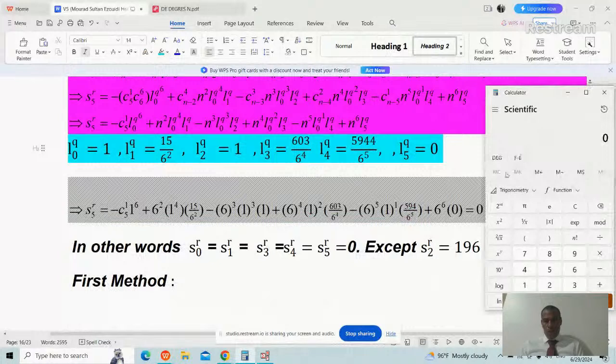Okay, so we told that this is negative 5 plus 15 minus 200 minus 216 plus 603 plus 603 minus 594 minus 594 plus 6 raised to the power 6 times 0 is 0, plus 0.